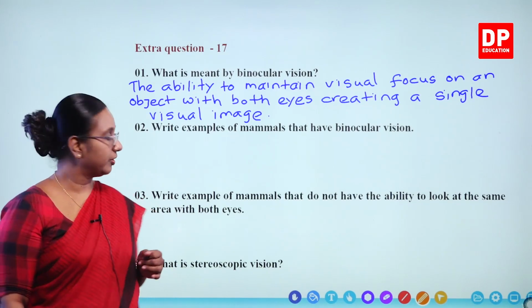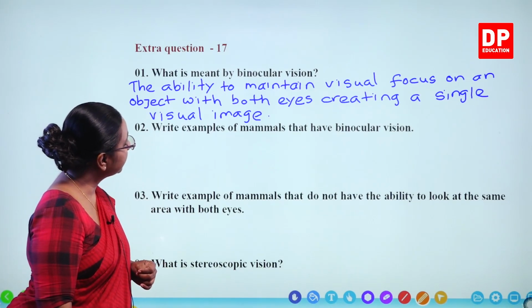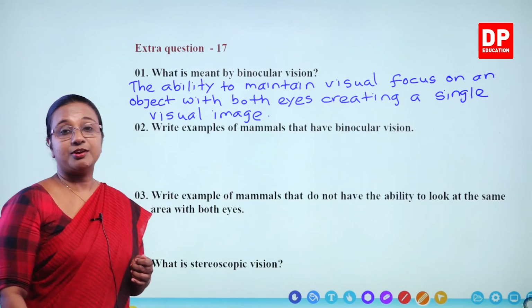That is binocular vision. Then write examples of mammals that have binocular vision.